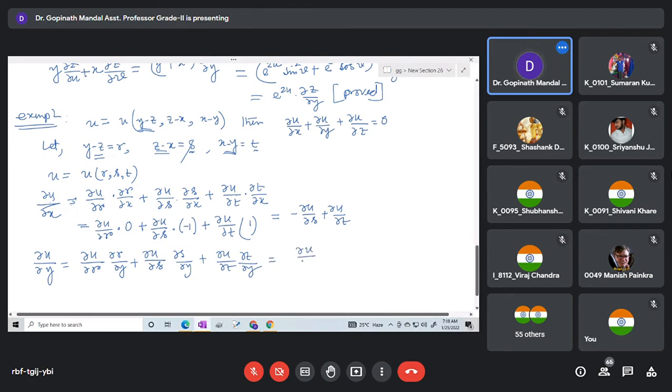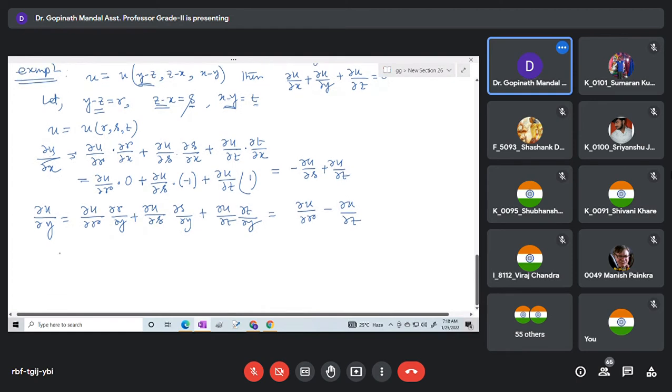Calculating, we get ∂u/∂r minus ∂u/∂t. Similarly for ∂z, ∂u/∂r ∂r/∂z, ∂u/∂s ∂s/∂z, ∂u/∂t ∂t/∂z, and this becomes minus ∂u/∂r plus ∂u/∂s.